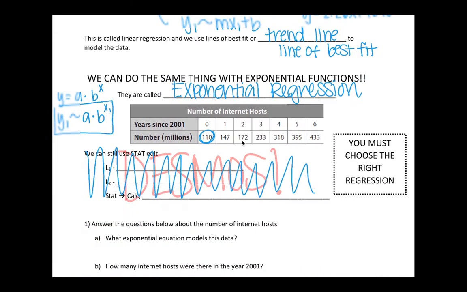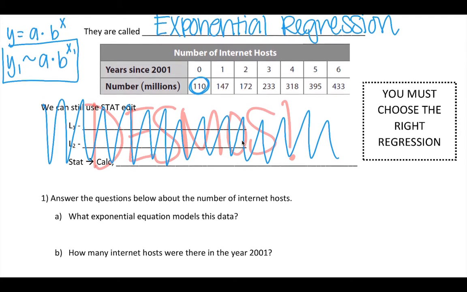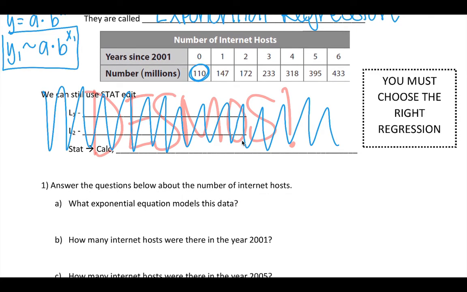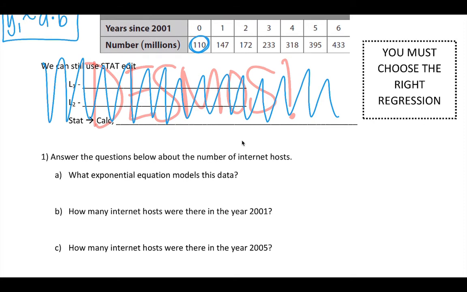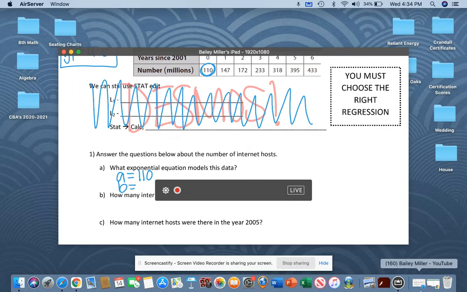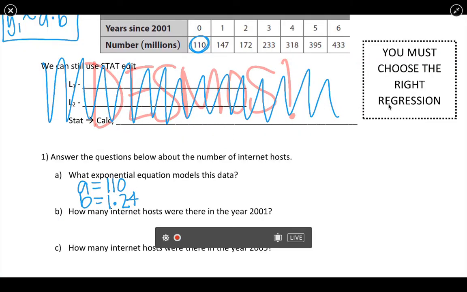I'll look into that. But my a is not that. We know the initial amount is 110 because that's when we're at 0. But it will give us our b. So our b is going to be this, the 1.24-ish.